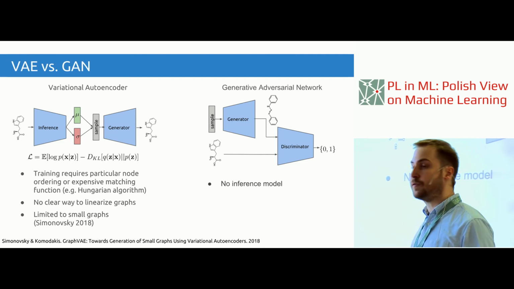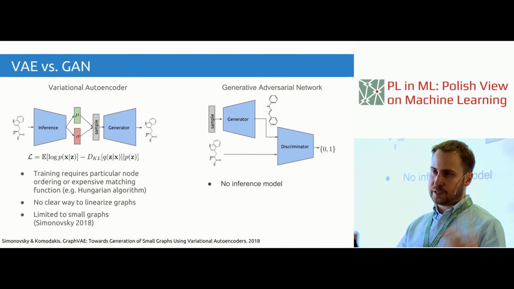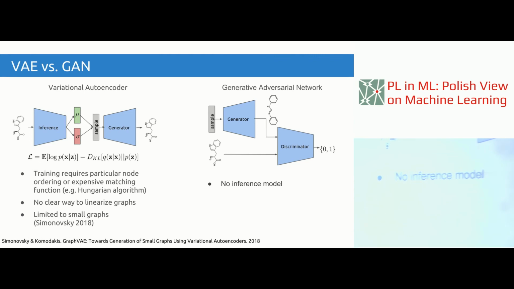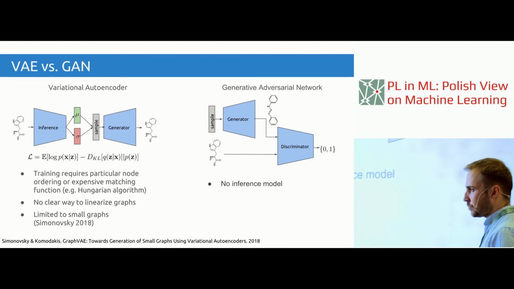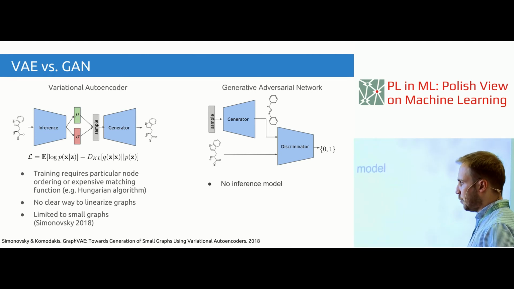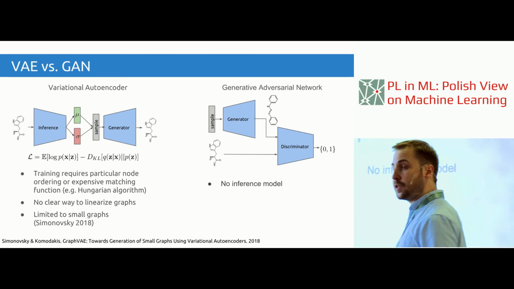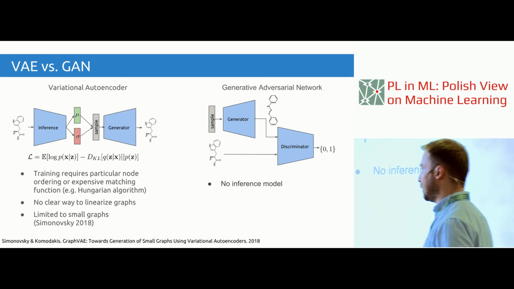Your loss function must be invariant to permutations of the rows in those two matrices. This requires an expensive matching function, for example the Hungarian algorithm, and this is quite a huge limitation of these methods.